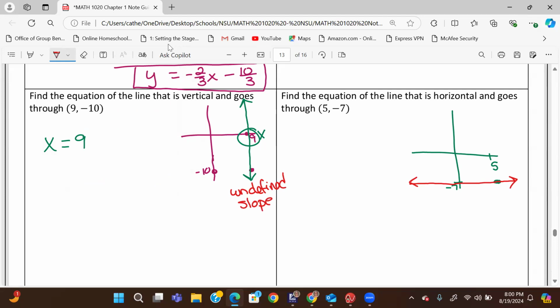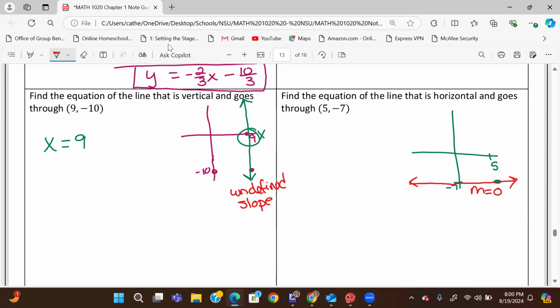And remember, if you need to add more notes than what I'm actually giving you, you need to write down what you need to remember on how to do these problems. Okay, so it's not just what I write down, it's whatever else you need to write down, your own personal notes too. All right, so this one has a slope of 0.